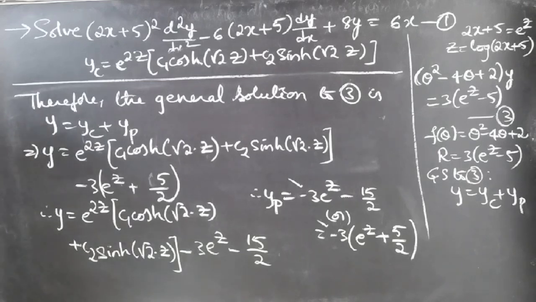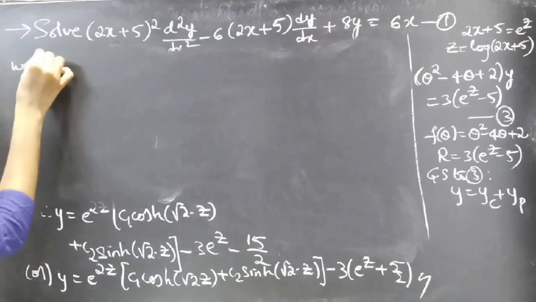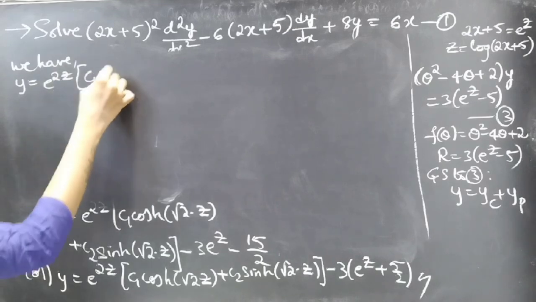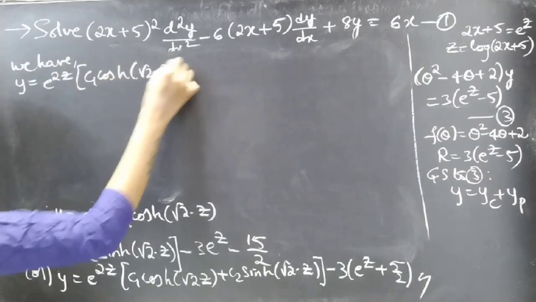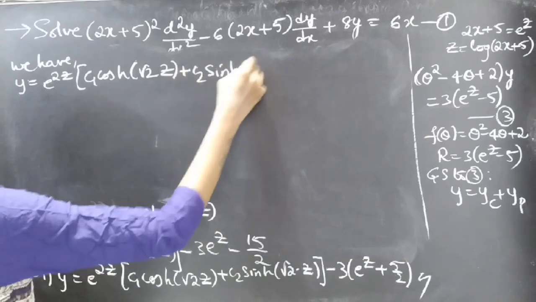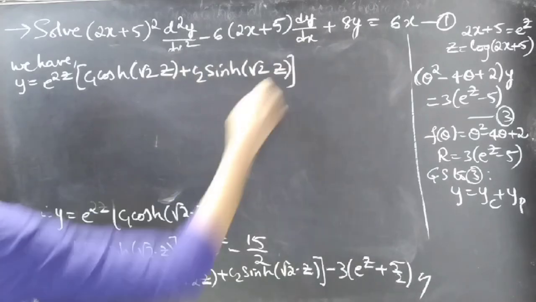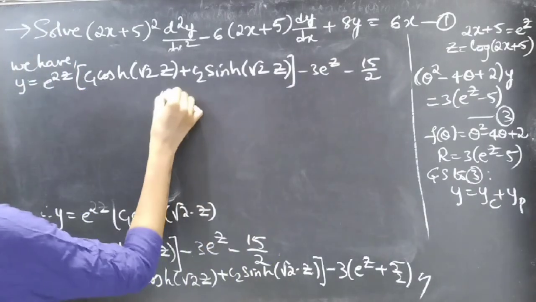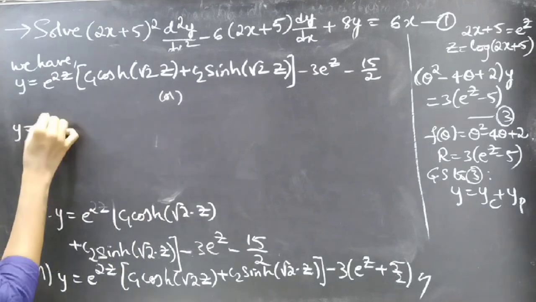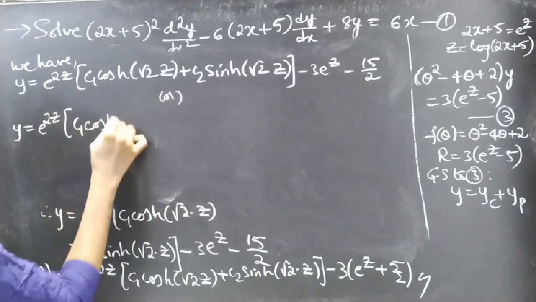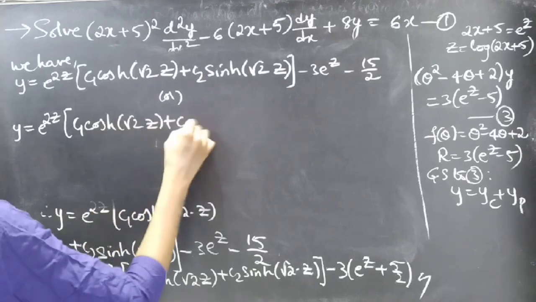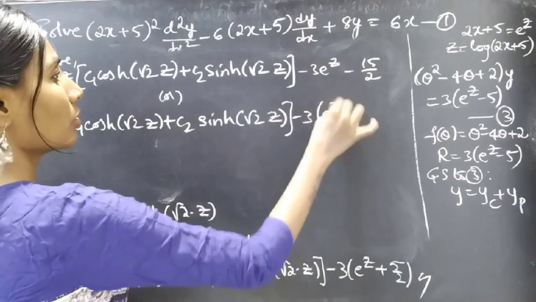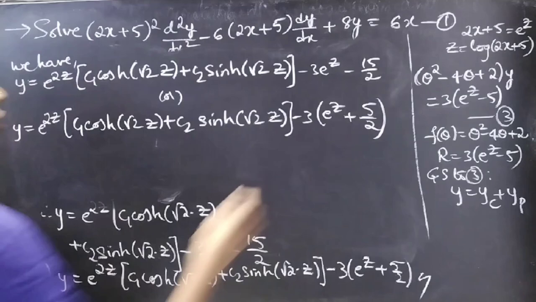Now we have y equal to e power 2z into c1 cos h root 2z plus c2 sin h root 2z, minus 3 e power z minus 15 by 2, or y equal to e power 2z c1 cos h root 2z plus c2 sin h root 2z, minus 3 into e power z plus 5 by 2, right?